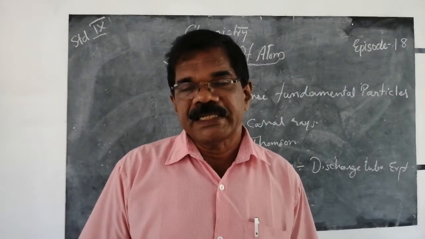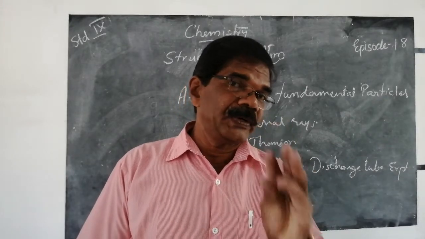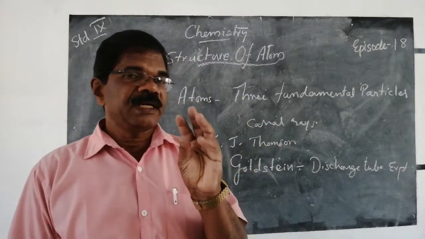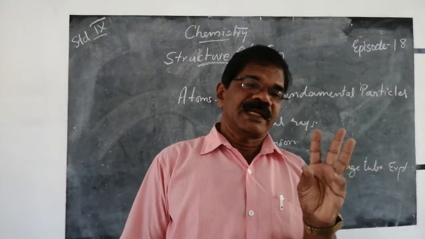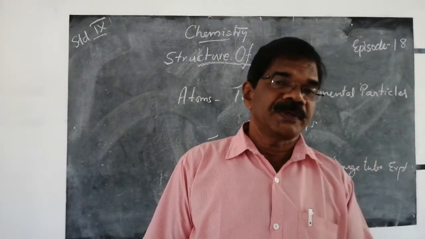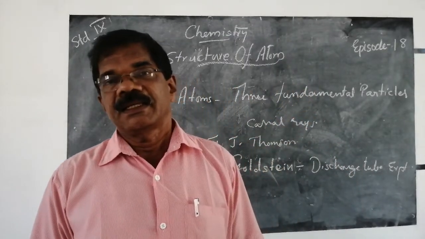He called these radiations canal rays. At that time, they couldn't identify what these radiations were. Later, it was clear that these radiations were the flow of negatively charged particles, namely electrons.